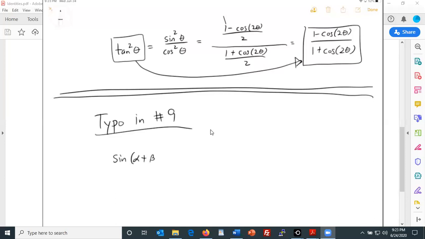the left side is fine. Sine of alpha plus beta plus sine of alpha minus beta should equal 2. I'm trying to think if it's sine cosine or cosine sine.